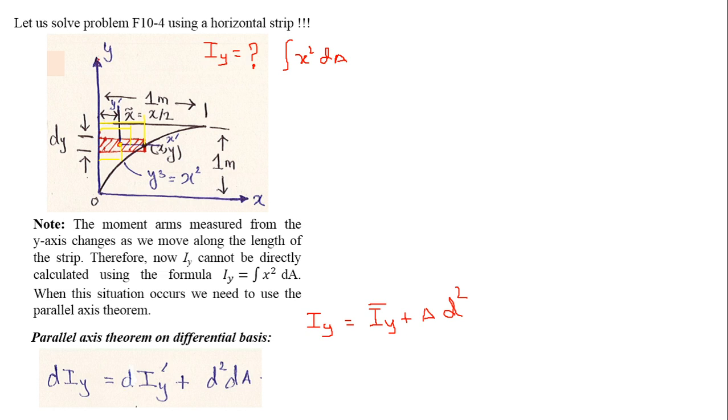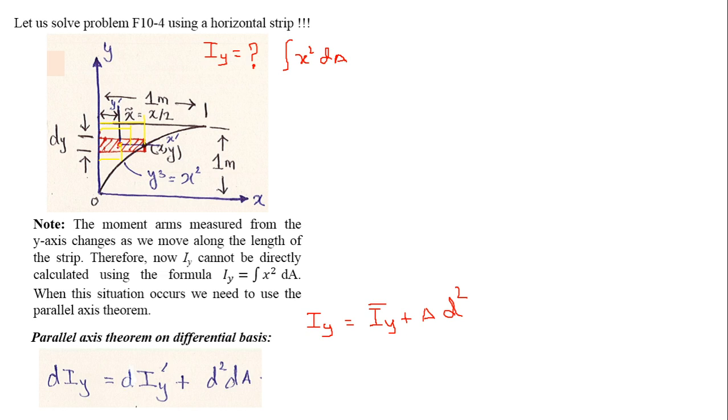Since I am trying to calculate Iy, I will see which axis is parallel to the y-axis. Obviously this x bar is not parallel to the y-axis, but this y bar is parallel to the y-axis. So I have to find the perpendicular distance between these two axes, y and y dash.